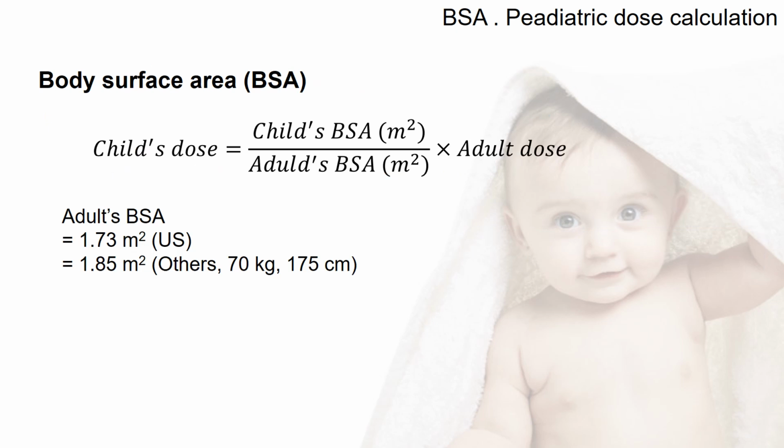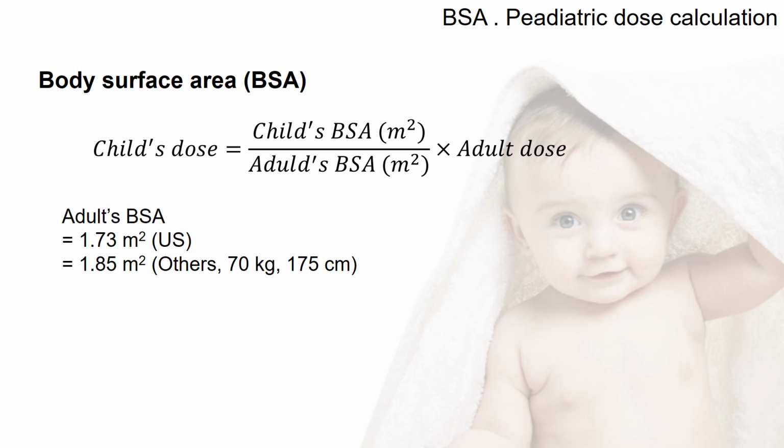The pediatric dose calculations based on weight or age may not be accurate, because most of the time children at the same age may have a different weight and surface area. Some babies may look plump, but actually the size or the weight is smaller than a baby of similar age.